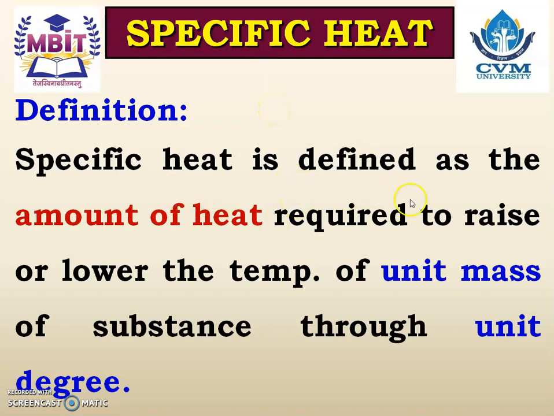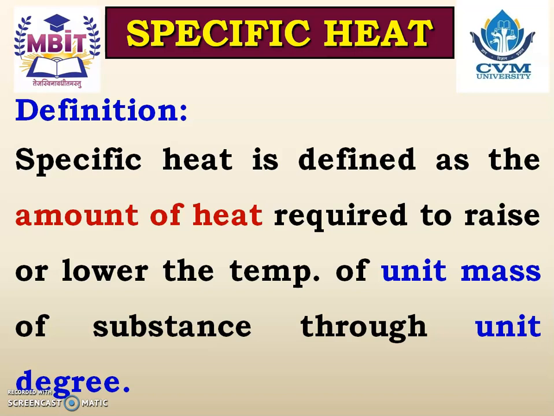Specific heat is defined as the amount of heat required to raise or lower the temperature of unit mass of substance through unit degree. It means it is the amount of heat that we supply to the system to raise or lower the temperature of unit mass substance through unit degree.